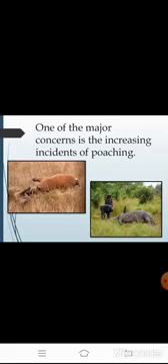Animal poaching means killing the animals illegally. Now here the animals are poached for what purpose? For collection and illegal trade of hides, skins, nails, teeth, horns as well as feathers. Some of these animals are tiger, lion, elephant, blackbuck, crocodile, snow leopard, peacock, rhinoceros. So what is to be done to stop that poaching? This can be controlled by increasing awareness.